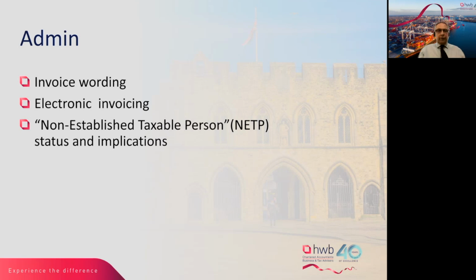The next area of admin that I'd like to just turn to is the rules surrounding non-established taxable persons. This status relates to a business that's trading in a country but is not established in that country. So that means usually there will not be a permanent establishment, such as an office or a place of business that business is carried out in that overseas jurisdiction.